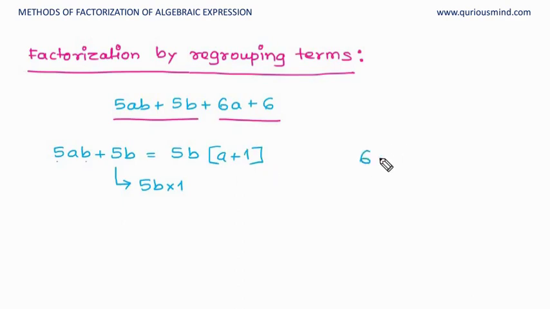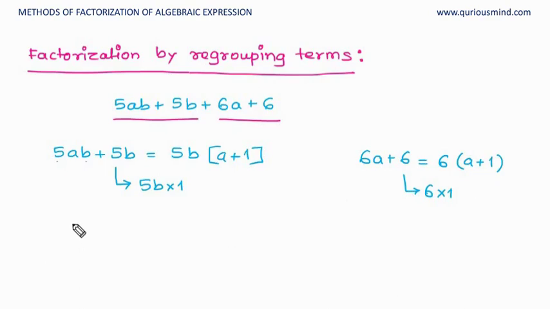Now let's factorize 6a plus 6. Here again we see 6 is common. So we take 6 out, and in the bracket from here a plus, and from here again, 6 is 6 into 1, which means here it is 1.